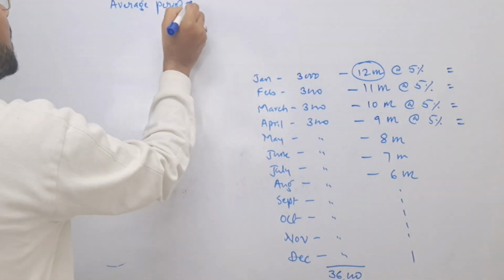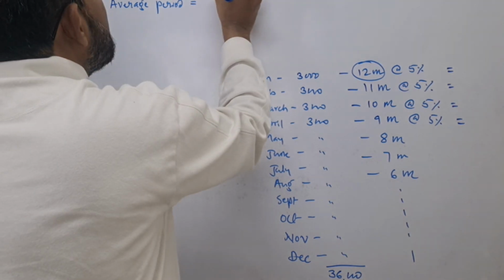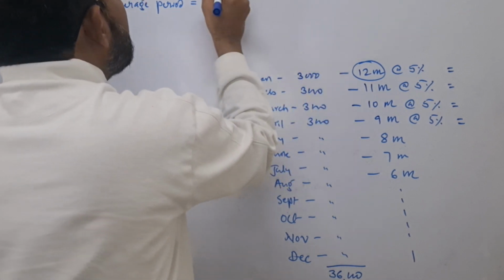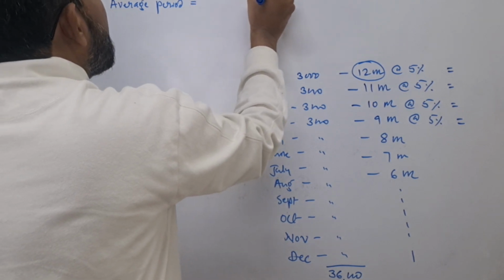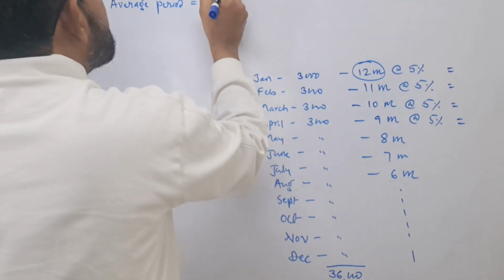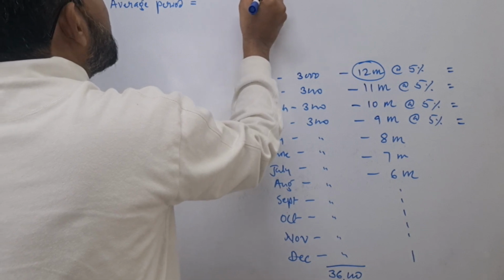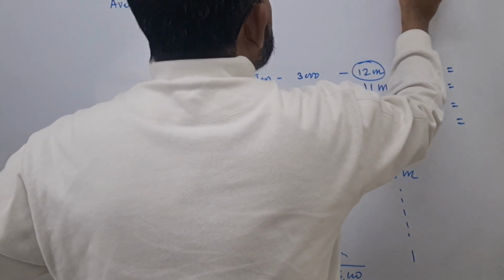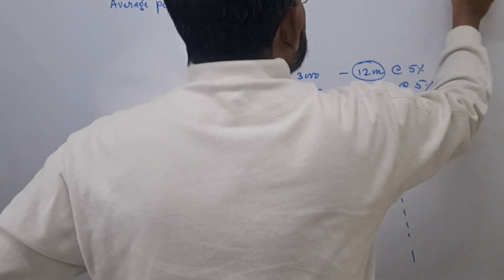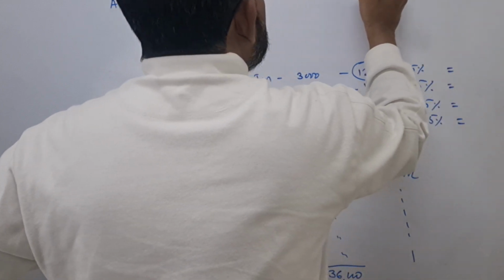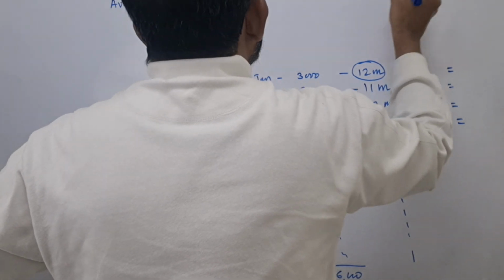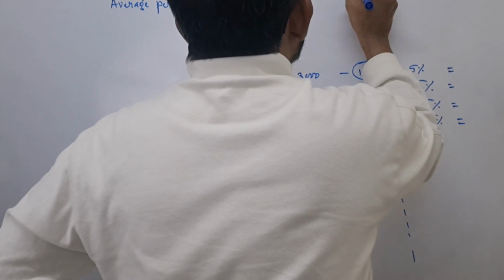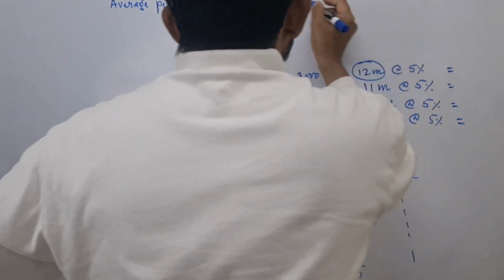Average period is equal to the number of months for which interest is to be calculated on the first withdrawal, plus the number of months for which interest is to be calculated on the last withdrawal, is to be divided by 2.